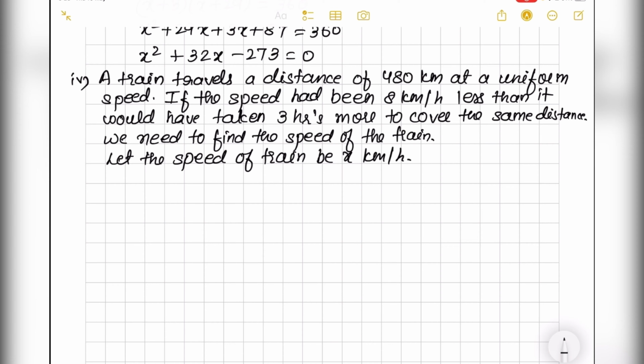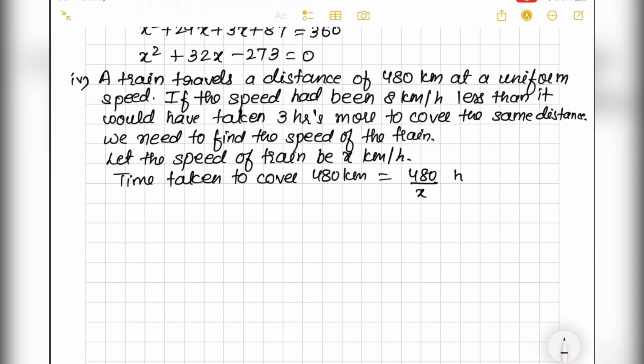Now it has to cover 480 km. So time taken to cover 480 km will be equal to 480 upon x hours, because distance upon speed gives me time.